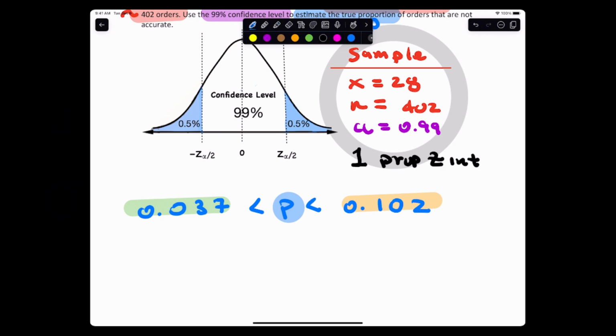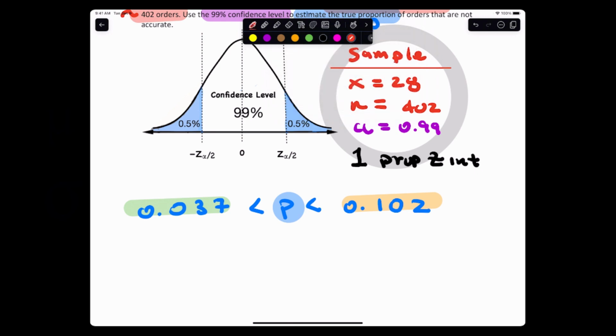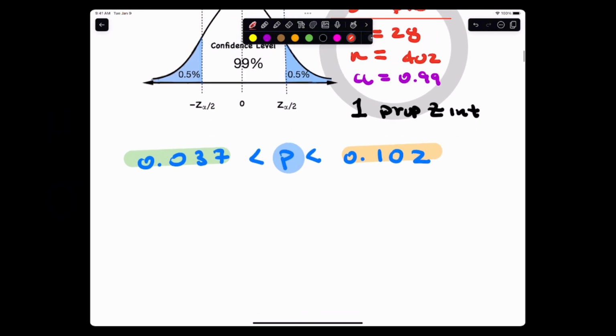And let's not forget what this means again. These are probabilities, they're percents. So this is about 3.7%, and this is 10.2%, and this is with 99% confidence.